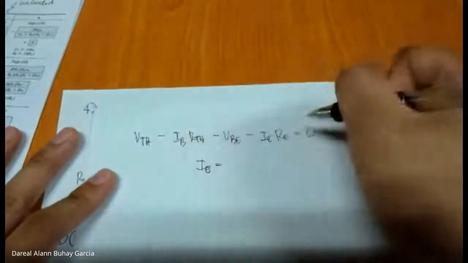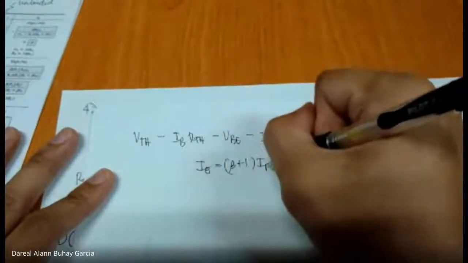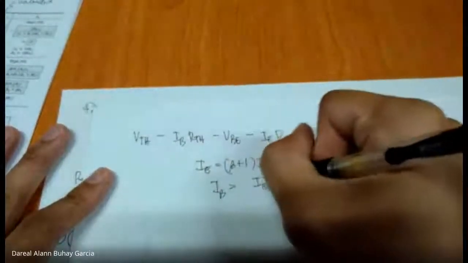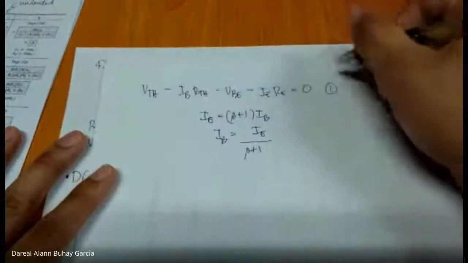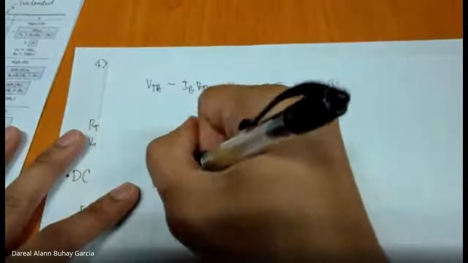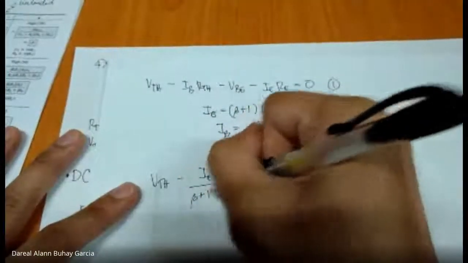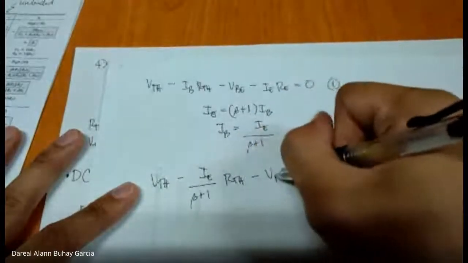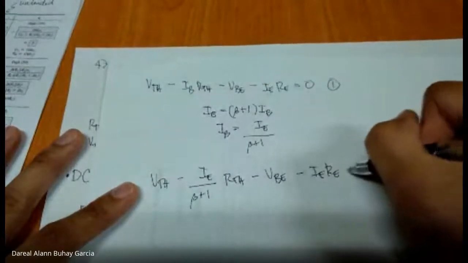And IE is beta plus 1 times IB. Therefore, IB is IE over beta plus 1. So, ang atong KVL equation, mahimong VTH minus IE over beta plus 1 times RTH minus VBE minus IE RE is equal to 0.